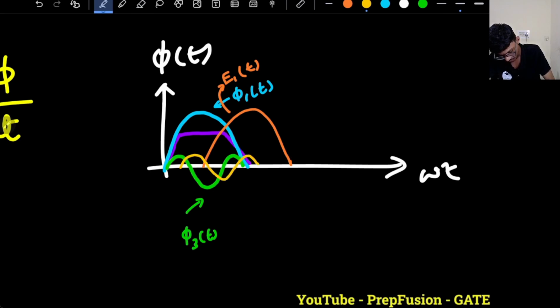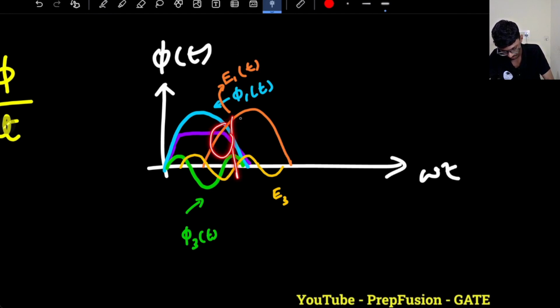Now if I superimpose, this is the induced EMF due to the third harmonic, and this is the induced EMF due to the fundamental component. If I add these two, in this region the value of induced EMF is reducing, and here as well it is reducing, because this is negative and this is positive.